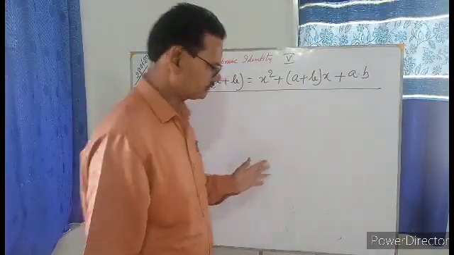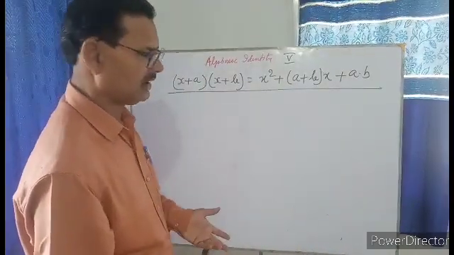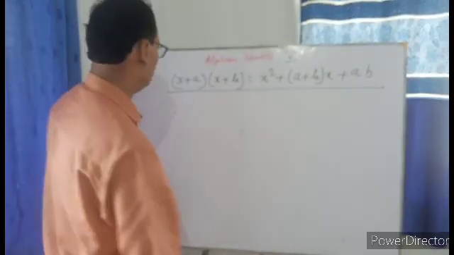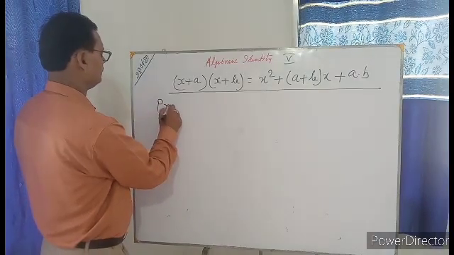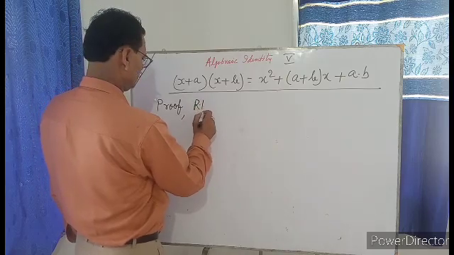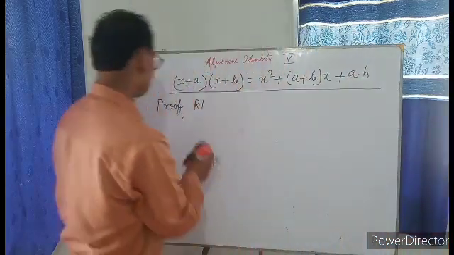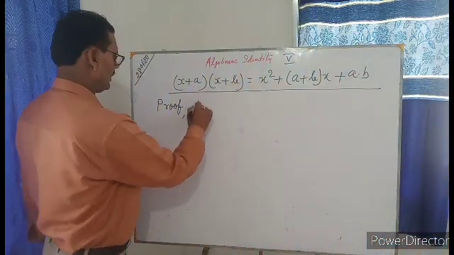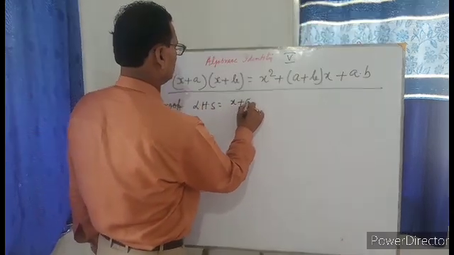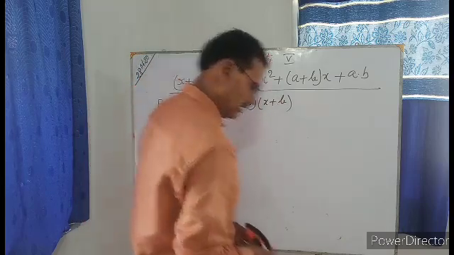So we are going to explain it, we will prove it, and we will do some problems based on this identity. Let us have the proof. LHS is equal to x plus A into x plus B. It's very simple.